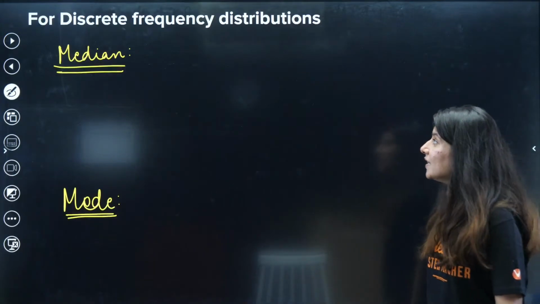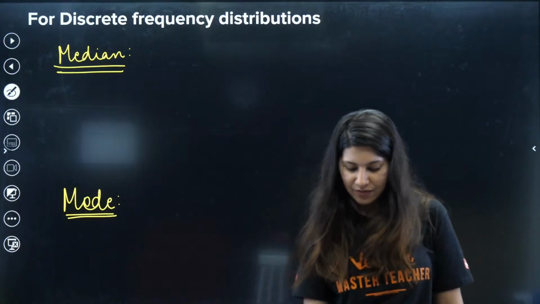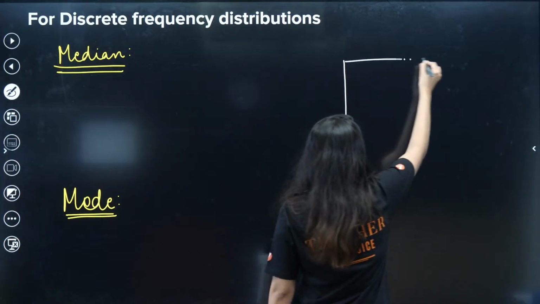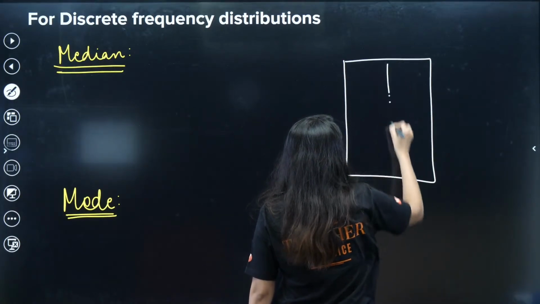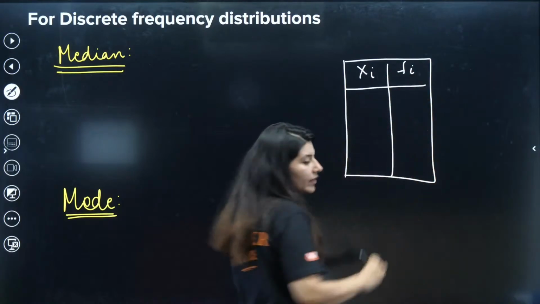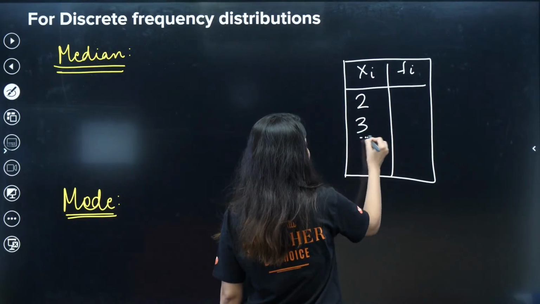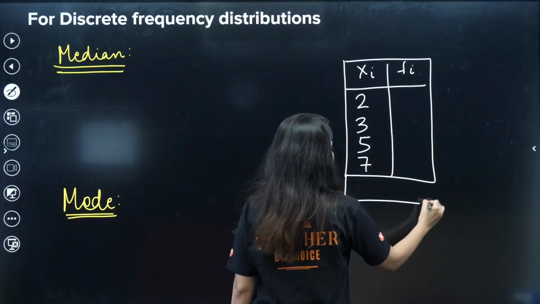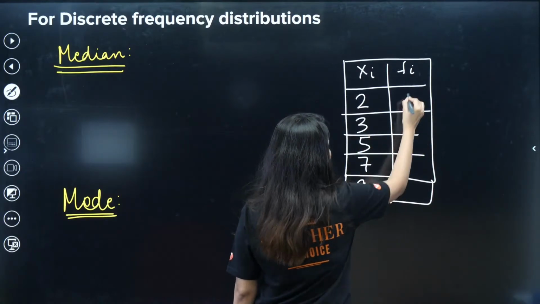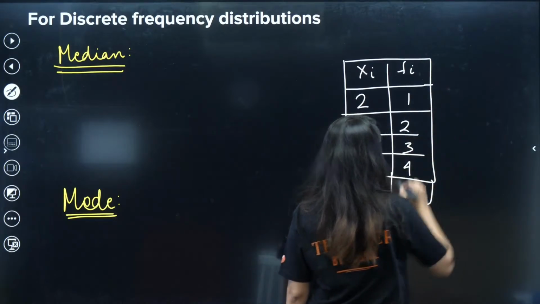Now what about median of discrete frequency? How do you calculate median for discrete frequency? Again, if I'm having the same data, I am having xi, I am having fi: 2 3 5 7 9 and 1 2 3 4 5, right?